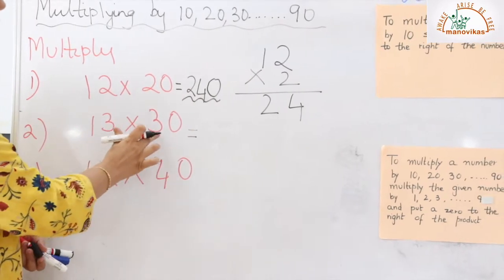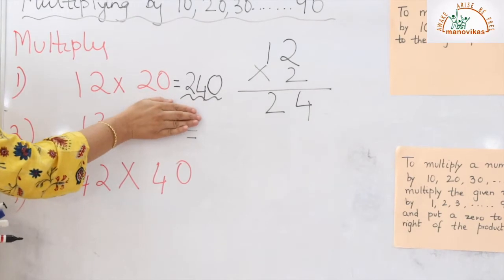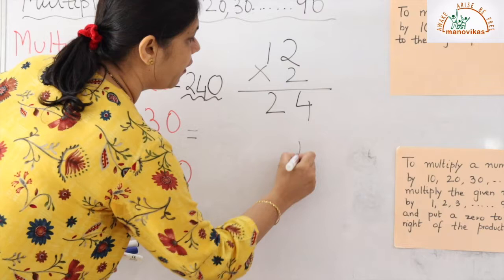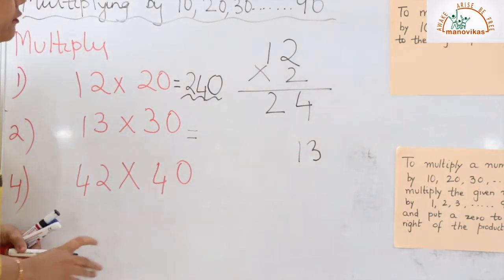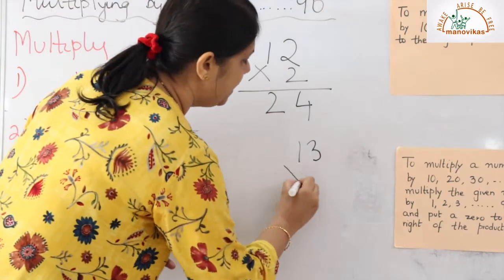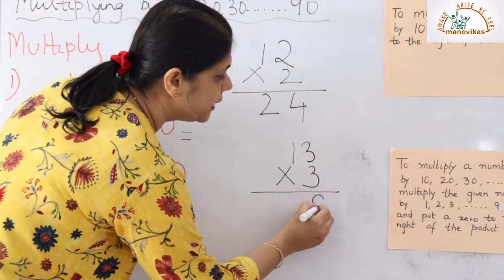13 multiplied by 30. Again, see the number which you need to multiply. Which is the number? The number is 13, right? 13 multiplied by, you are going to multiply with which digit? By 3. Yes? Multiply with 3. 3 threes is how much? 9.